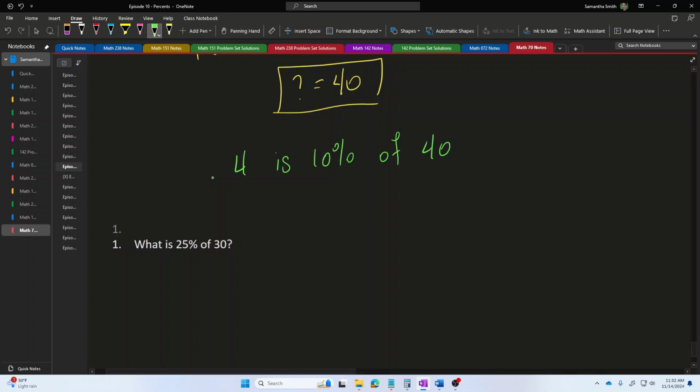And this makes sense, right? We learned that if you want to take 10% of a number, all you have to do is scooch the decimal place 1 unit to the left, and that gives us 4. 4 is 10% of 40.